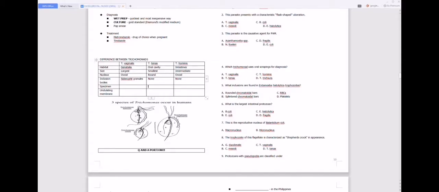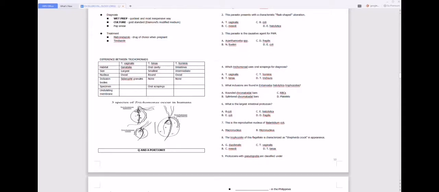So its specimen should be from the oral cavity. Its specimen used is oral scrapings. Okay? You get the point? It is in the oral cavity, so you will use oral scrapings as your specimen for the diagnosis.